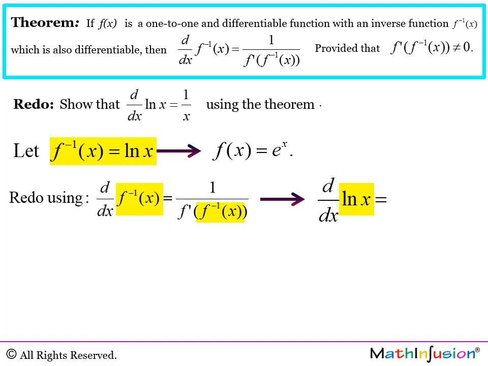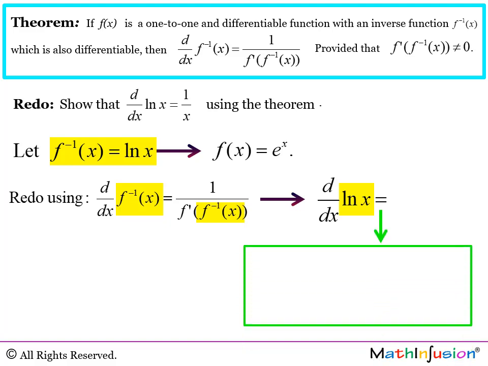And we get the d/dx of ln of x equals what? Let's see. It's 1 over what? The function is e to the power of x. f prime of x is e to the x.